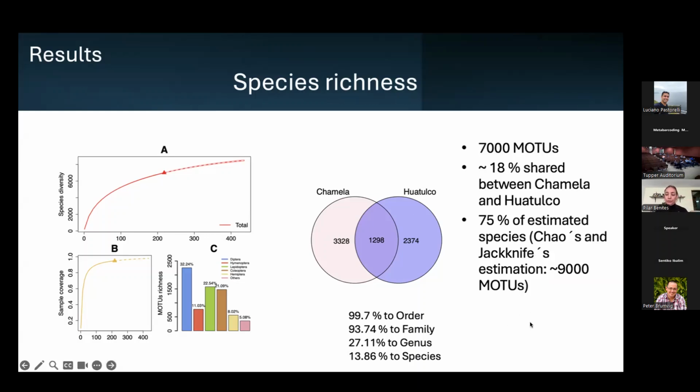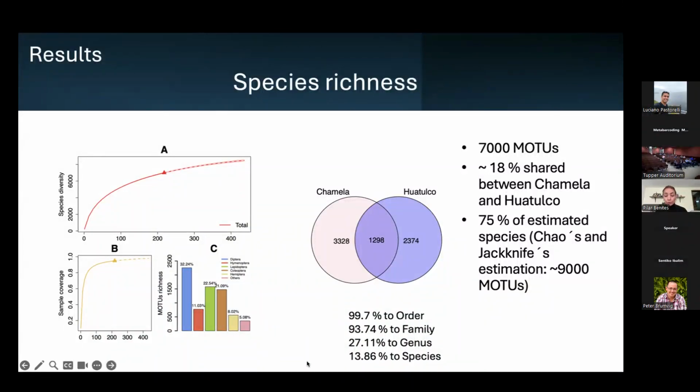By the estimations of Chao and Jackknife, we know that around 70% of all species are sampled by our work. The most represented orders are Diptera, Lepidoptera, and Coleoptera, which altogether represent more than 70% of the MOTUs.